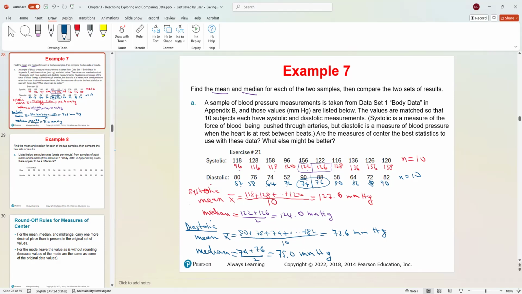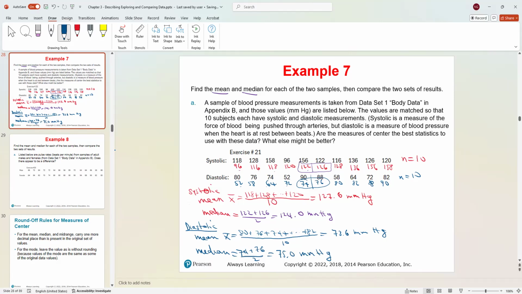So all they ask you to do now is to compare what we find. In terms of comparisons, given that systolic and diastolic blood pressure measure different characteristics, a comparison of the measures of center does not make sense, because the data are not comparable.